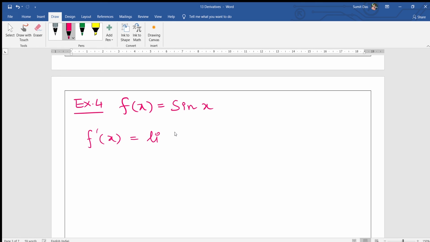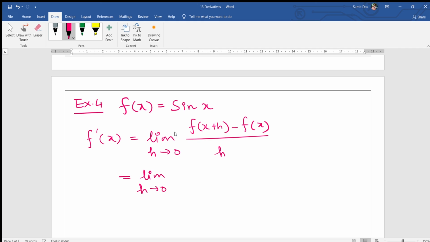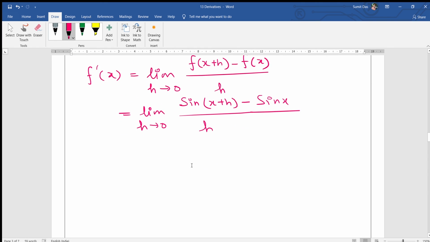It will be limit h tends to 0 of f(x plus h) minus f(x), divided by h. So just put f(x plus h). What will be f(x plus h)? It will be sin(x plus h) minus f(x), which is sin x. Now put the value of x plus h, the formula, the sin(a plus b) formula.